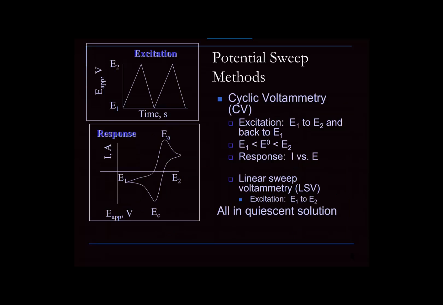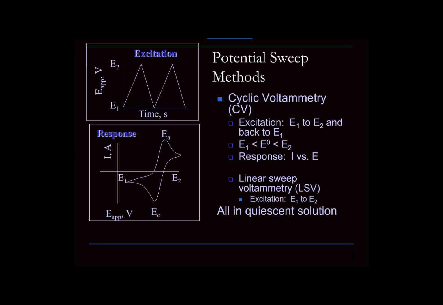Now, what we're going to do is keep the solution quiet, and that's important in terms of our mass transport. Mass transport needs to be diffusion limited. By keeping the solution quiet, or quiescent as we usually describe it, we can avoid the onset of natural convection or unnatural convection. And if you recall, these are always very rapid experiments, so the time for measurement is kept relatively short.